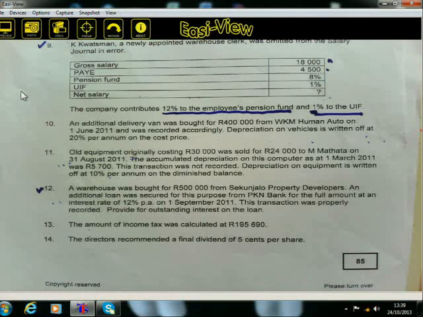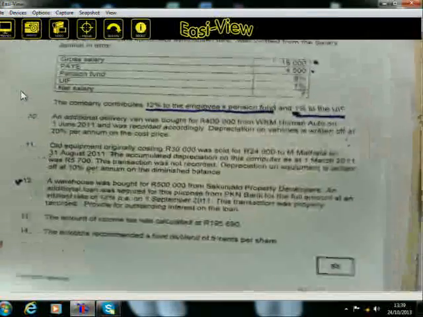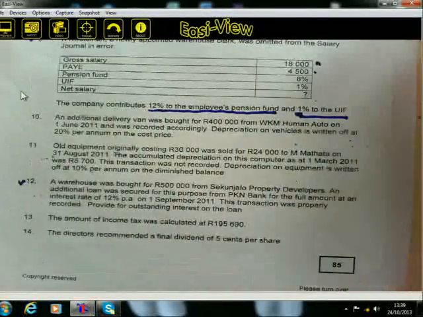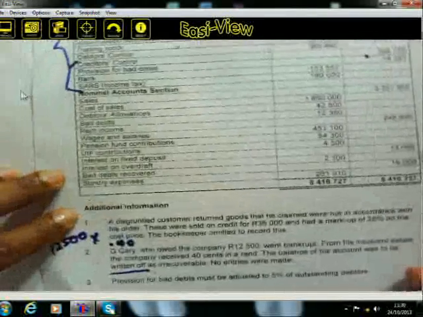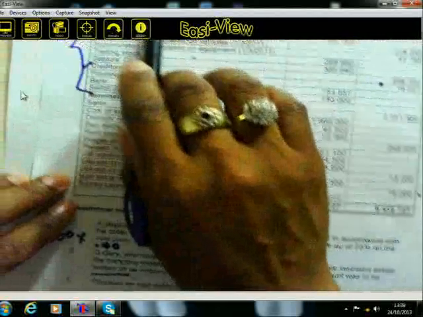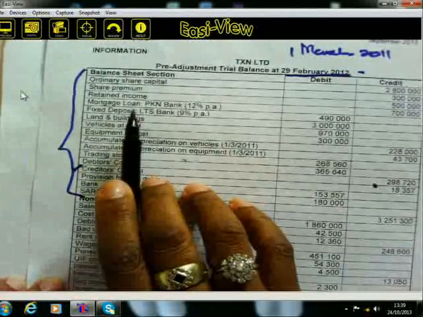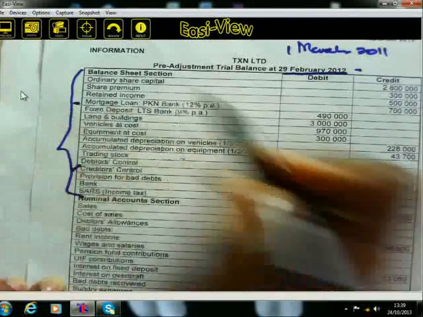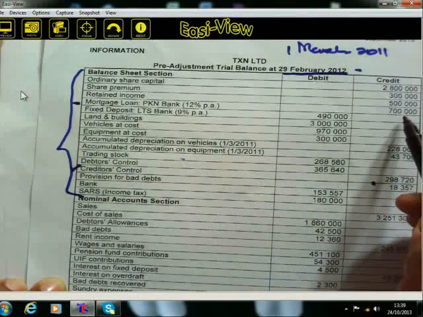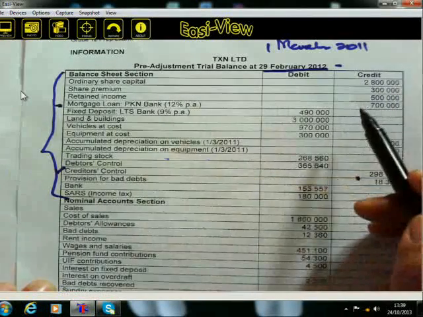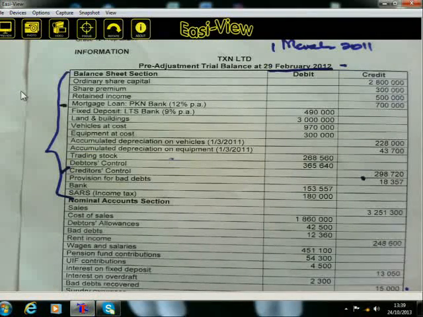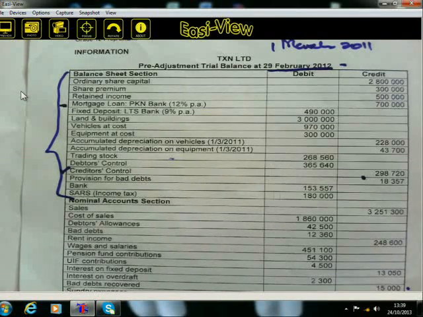From our accrued expense, our starting point will be the extract. We look at the amount of loan, mortgage loan. There it is, the mortgage loan. It says it's 700,000 at a rate of 12% per annum. So we say 700 because the 500 is already included in the 700.